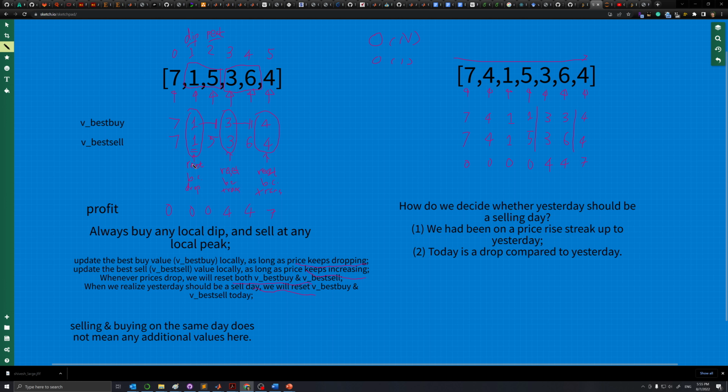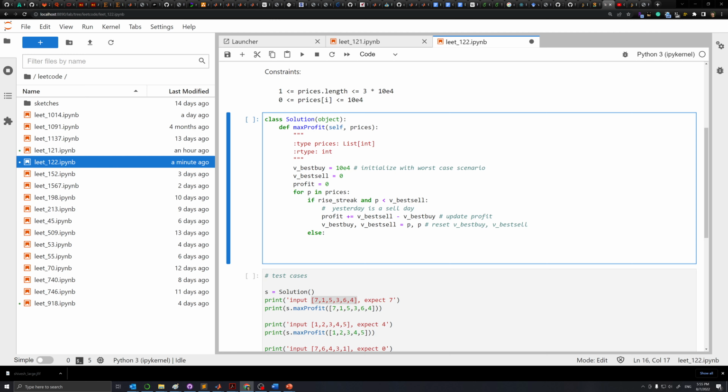It's when the price drops, right? If there's a price drop, we definitely reset both of the values, and there's no profit yet. So else if there's a price drop, right? What does it mean by saying there's a price drop?